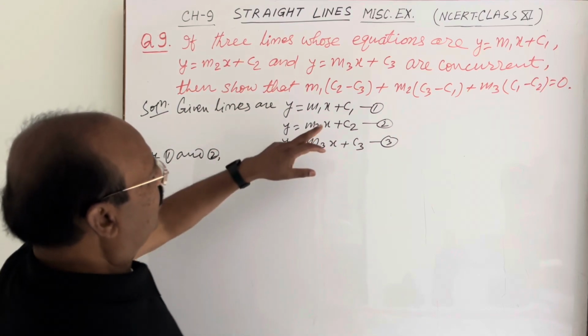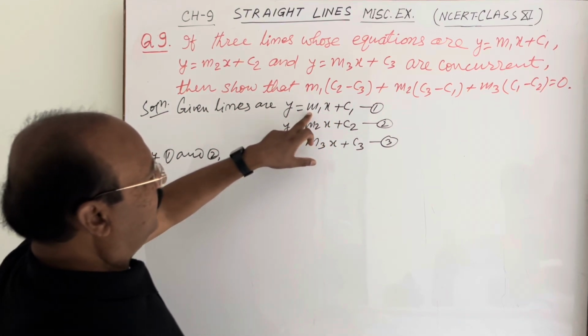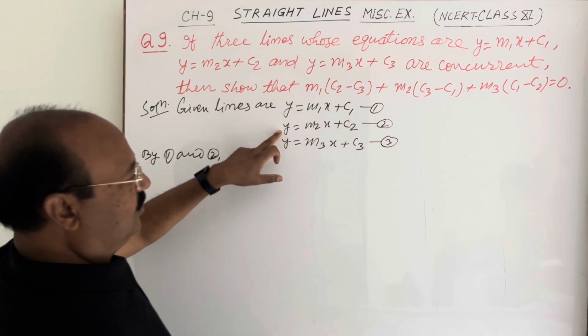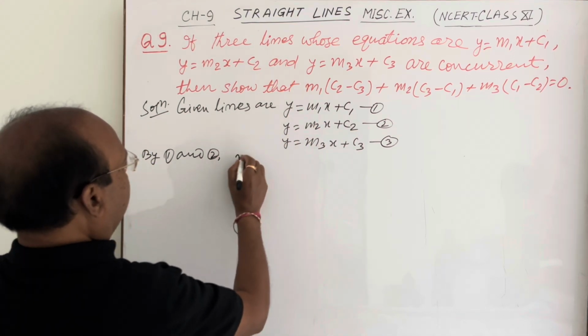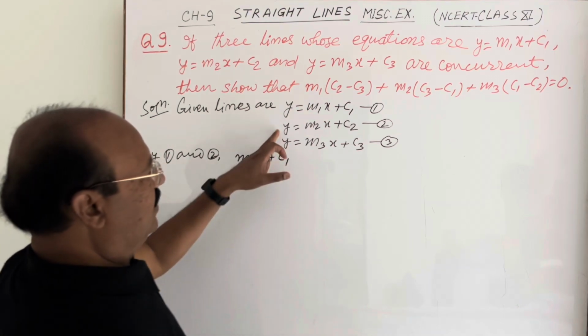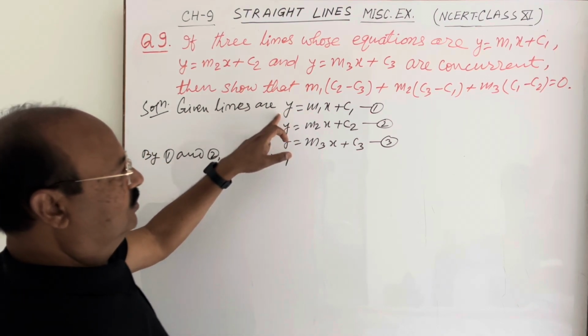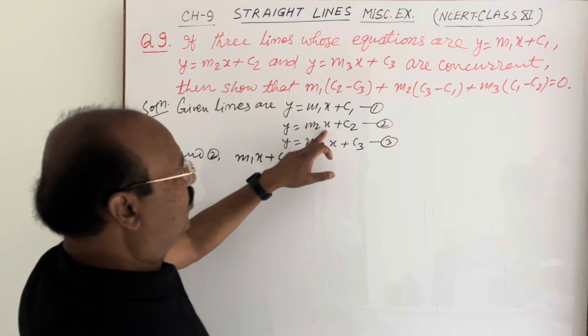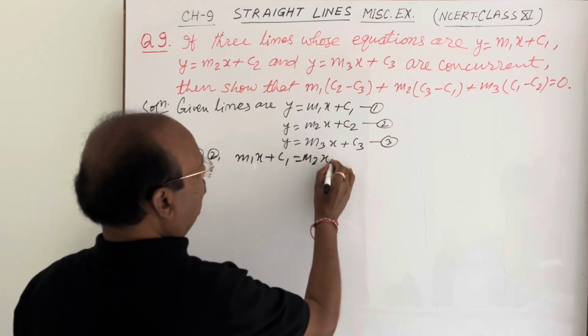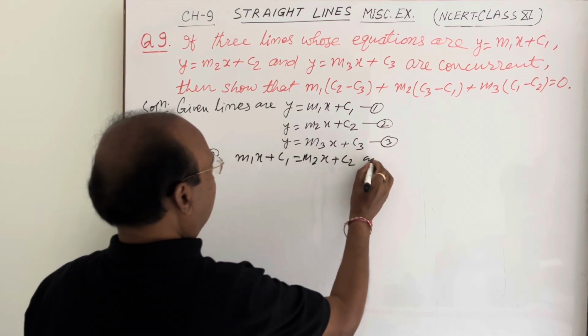in equation number 1, y = m1x + c1. So in place of y in equation number 2, we can write m1x + c1, and this is equal to m2x + c2.